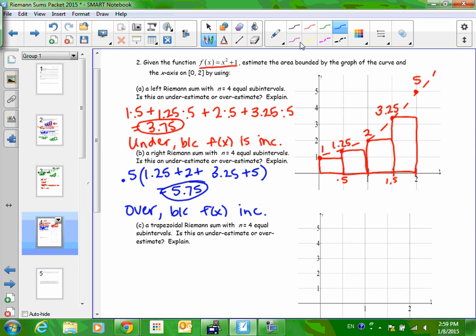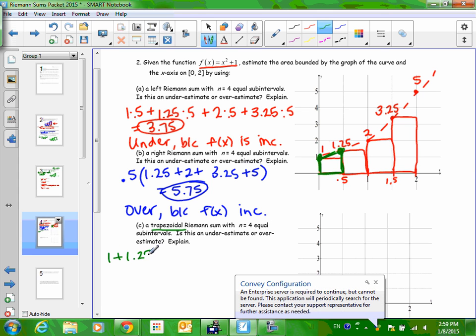All right, so now for something that's more interesting, a trapezoidal Riemann sum. I'm not going to redraw this. You can, but I just want to stick with the graph that we have, okay? So it would be where you connect these two. And remember, when you do trapezoidal, you're averaging two numbers. The two numbers you're averaging, in this case, are 1 and 1.25.